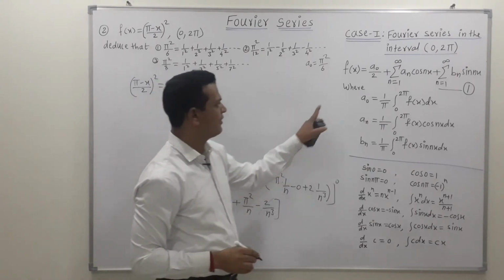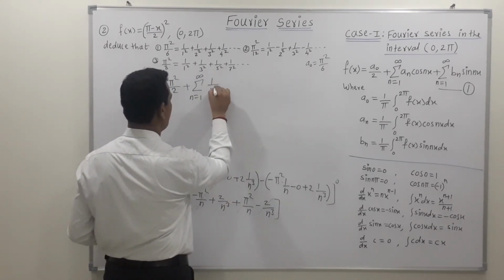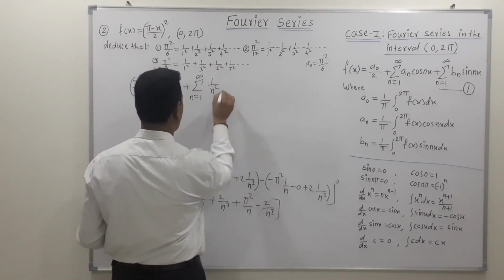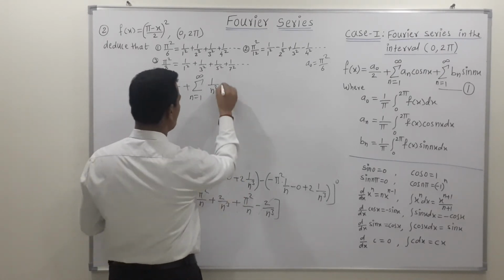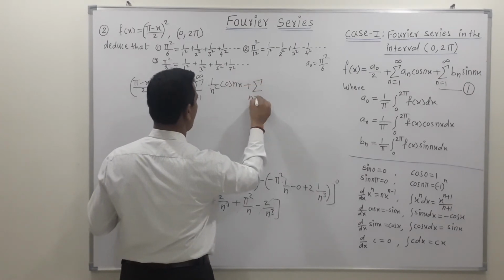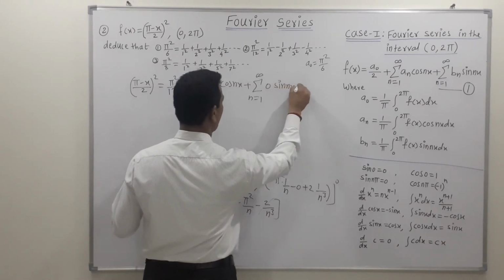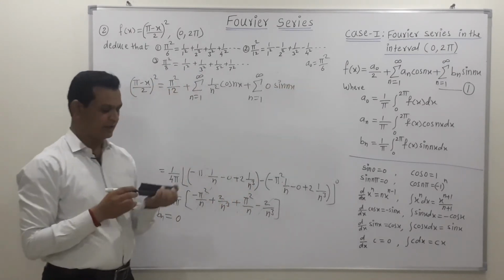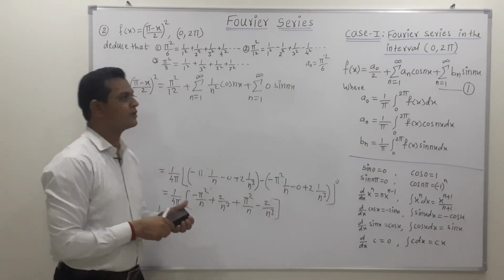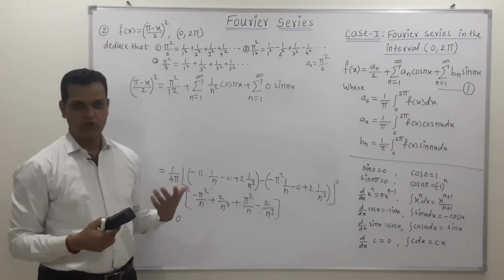Then we get the value of An. We know that the value of An is 1 upon n square. So this is 1 upon n square into cos of nx plus summation n is equal to 1 to infinity. Bn is 0, then sine of nx. So in this way we get the required Fourier series expansion for the function f of x is equal to pi minus x upon 2 its square.